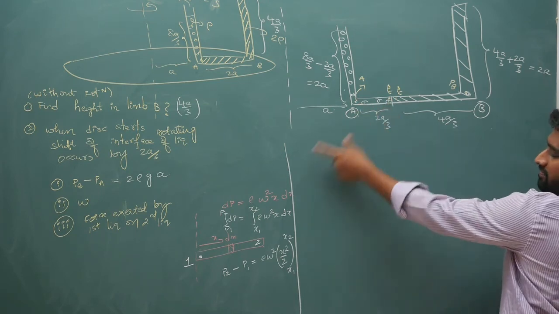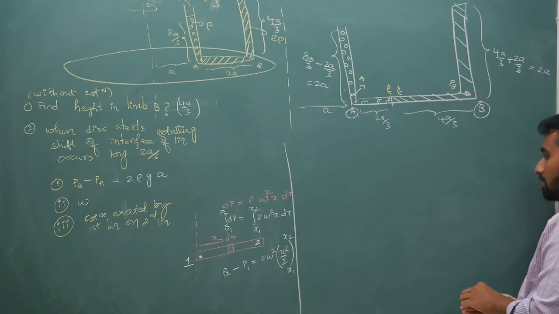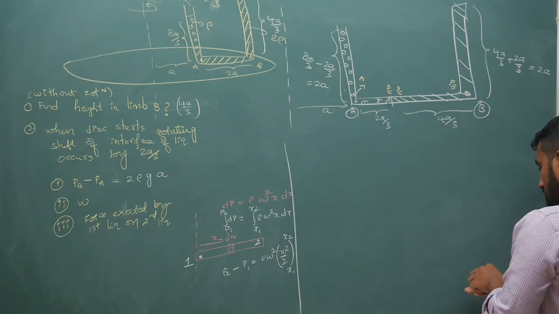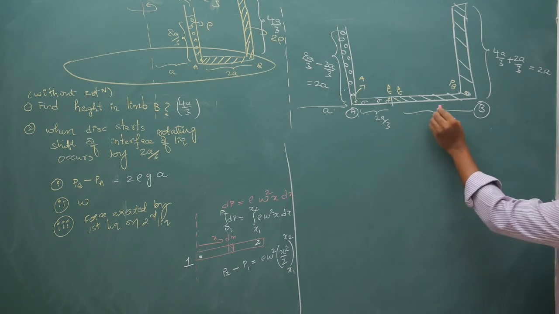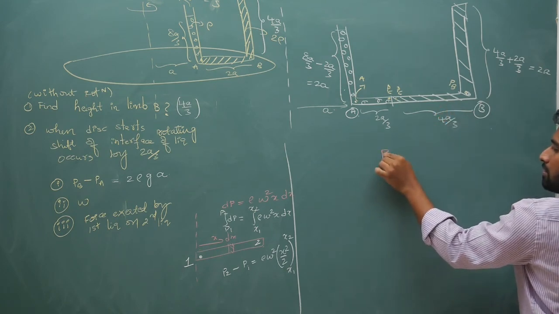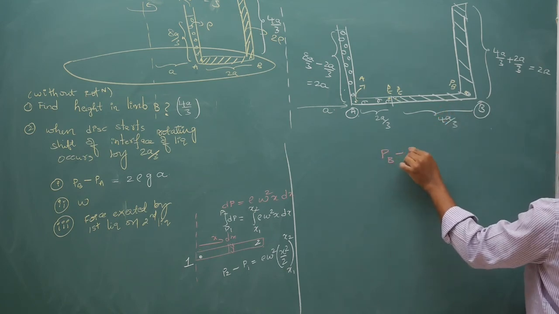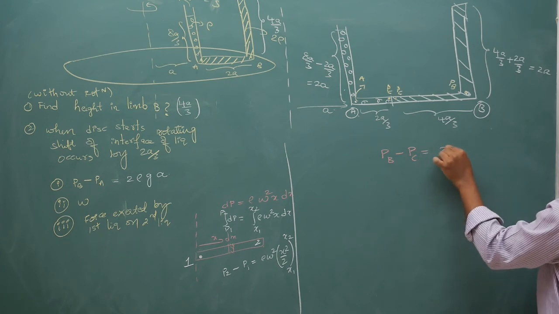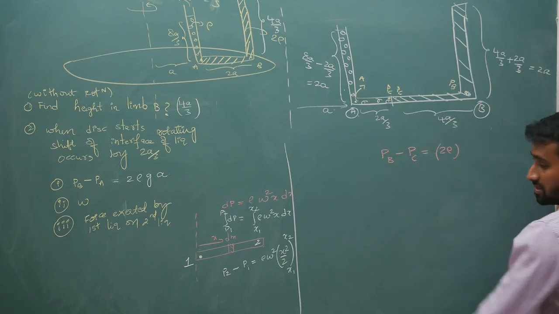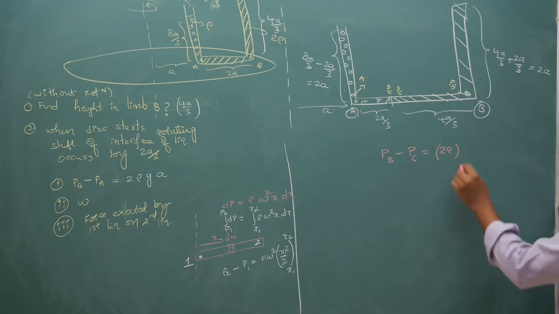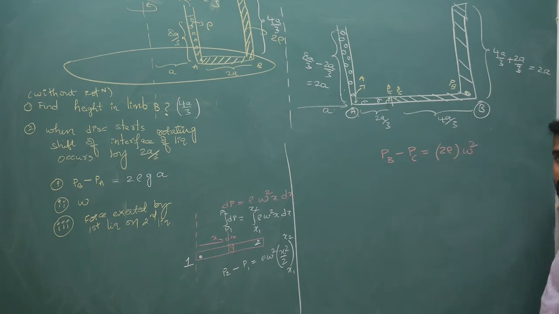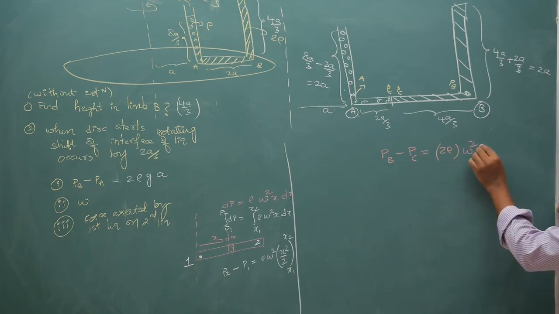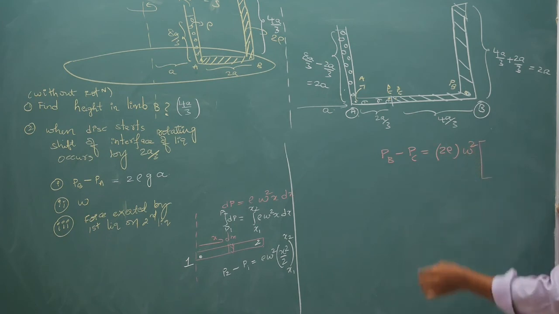Only for this part of the liquid I will apply this formula. For the first part, PB minus P common, that liquid's density is 2 rho instead of rho, so 2 rho into omega square times upper limit minus lower limit.